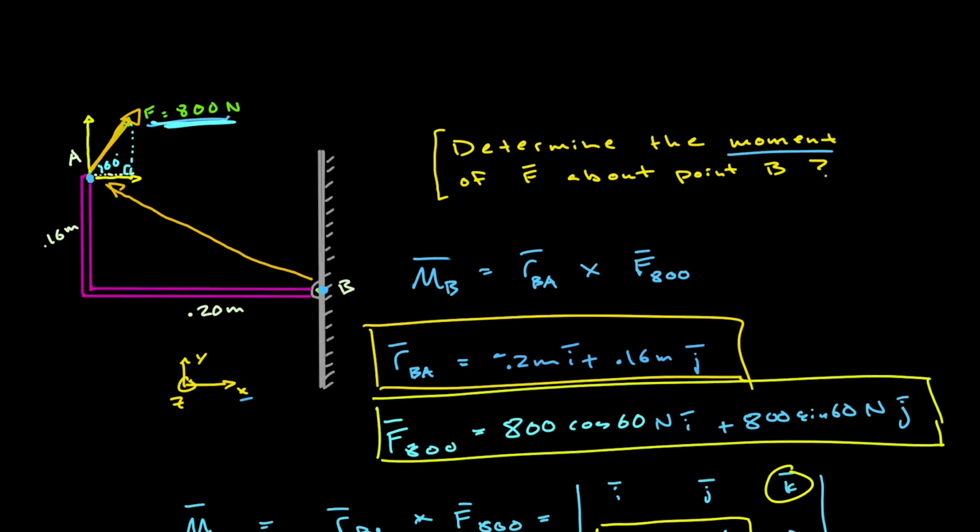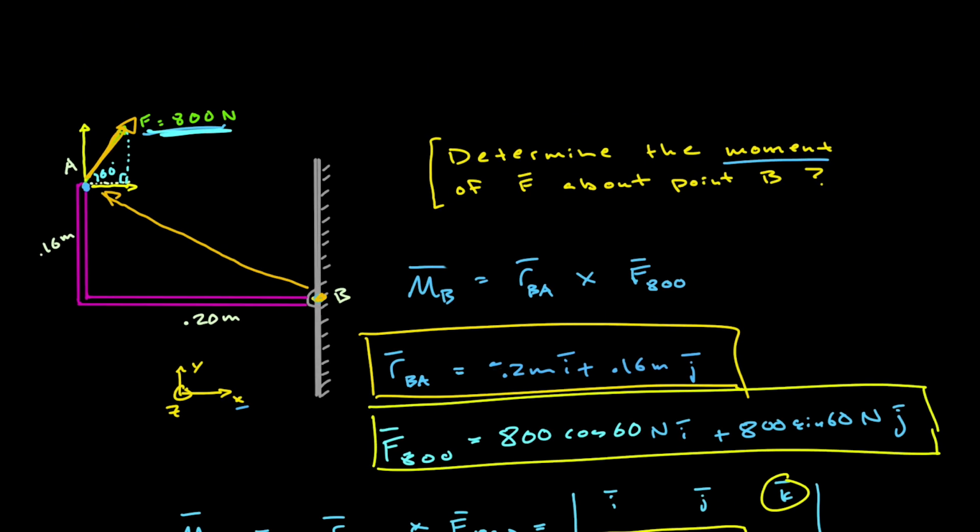And one way to think about that is that vector, m sub b, actually appears on this first diagram as a vector going straight into the board. According to our right hand rule, the way that your fingers tend to curl is the tendency of rotation of the object due to that 800 Newton force.